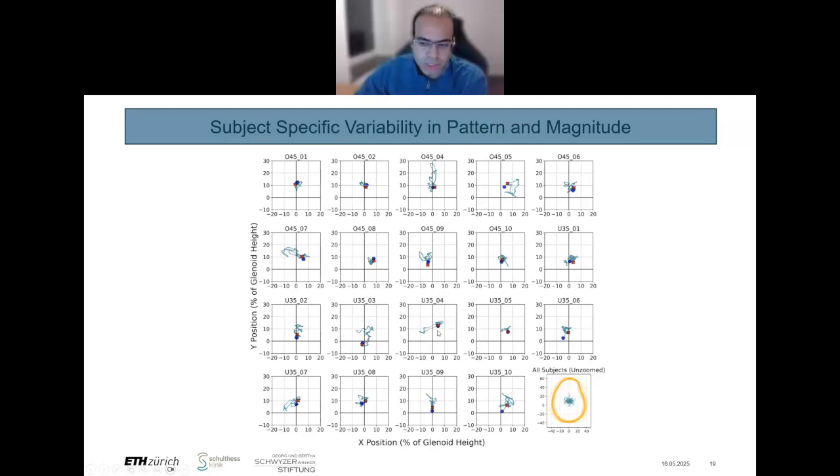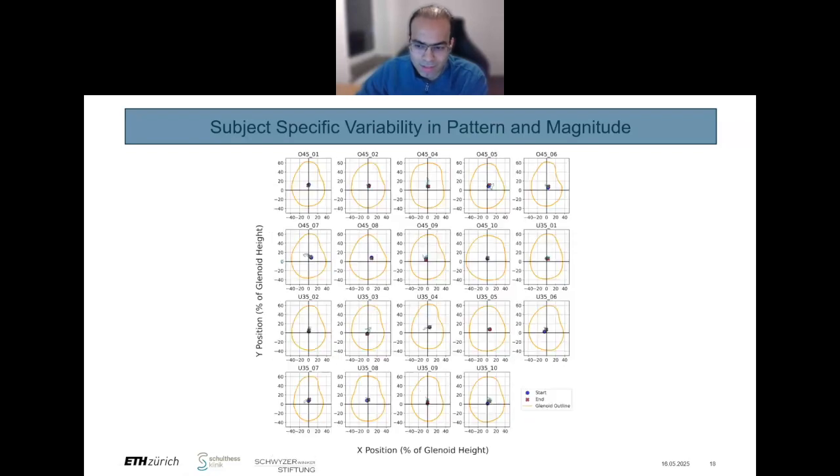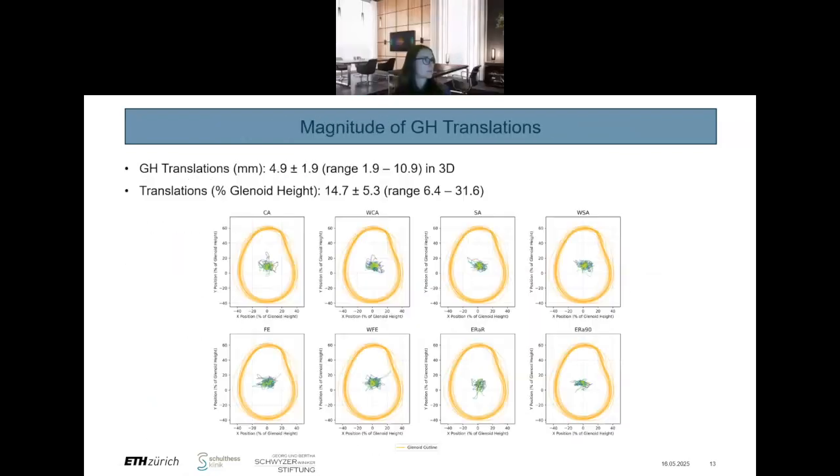And how much was the minimum? I think 2 millimeters was the minimum. But this is also in 3D excursion throughout the whole movement.